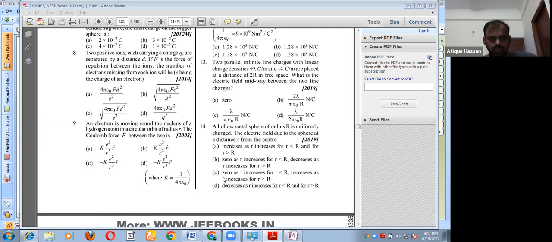So Shreya says it's B. Mamuna says it's B. Can you please tell Shravya why it is B?